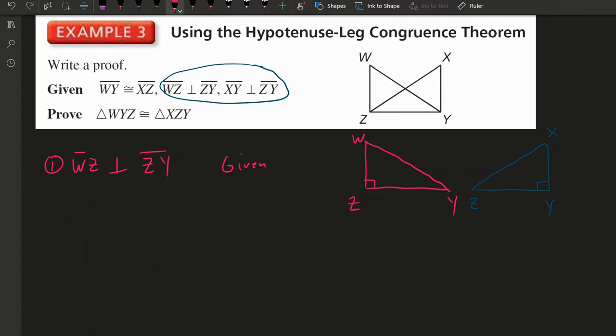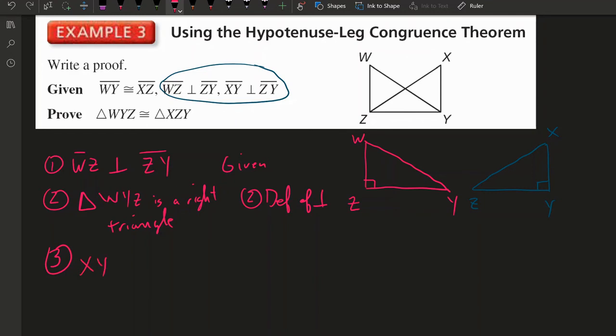And from there I can say step 2, triangle WYZ is a right triangle. And the reason for that, I would just put that is the definition of perpendicular. Perpendicular means it's a 90-degree angle, and if there's a 90-degree angle, then that means it must be a right triangle.